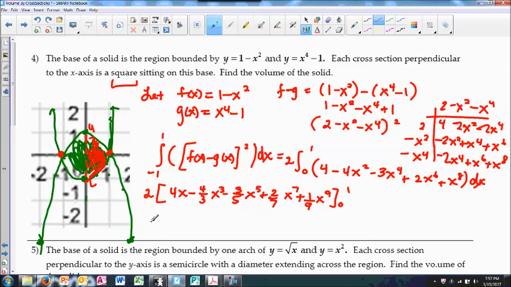So I don't have to show the minus 0. I have to keep the 2, and then substituting in the 1, I get 4 minus 4/3 minus 3/5 plus 2/7 plus 1/9. I want to put some emphasis on there. I could throw in a minus 0. But that would be my FRQ answer.